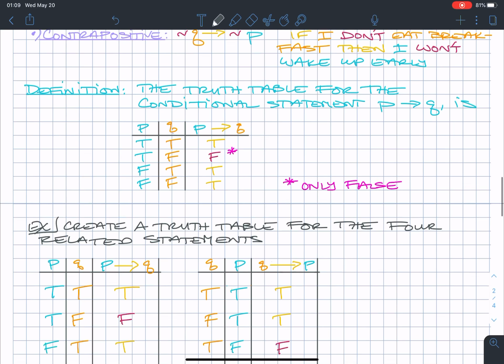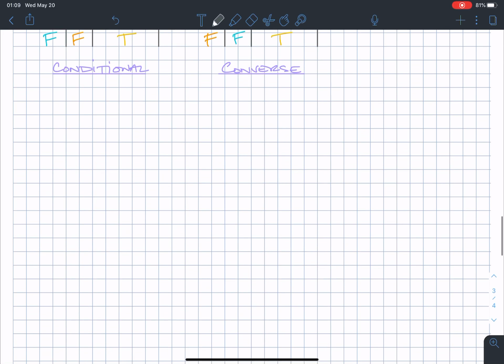The inverse, right? Not P implies not Q. So let's do our P's and our Q's, but this time I'm going to need an extra couple lines. Going to need not P and not Q, and then I could do my implication.